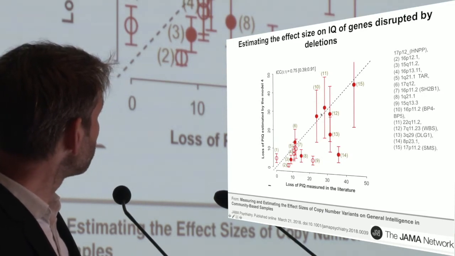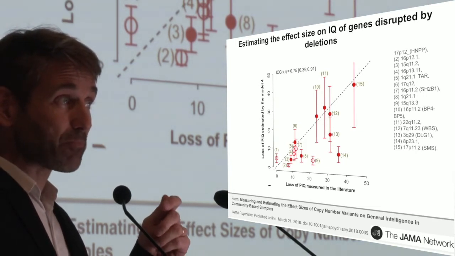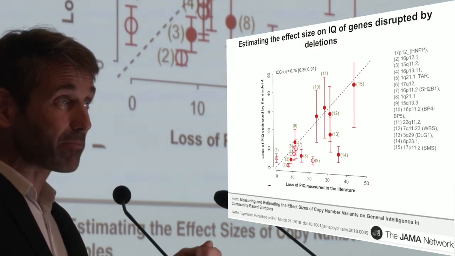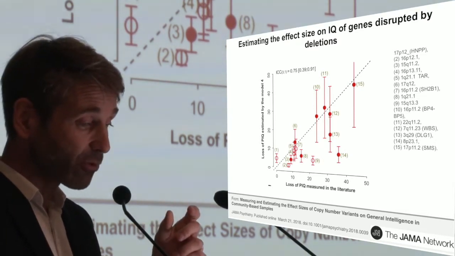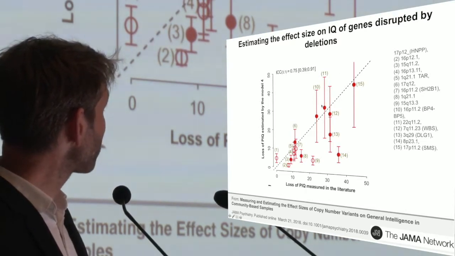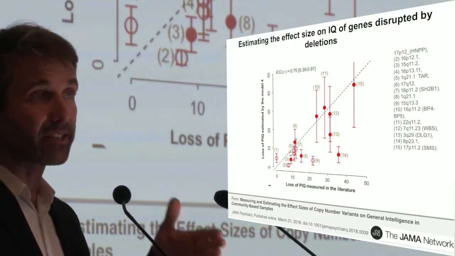Here you have the 16p, the 22q. We spent a lot of time trying to characterize the impact of 16p, showing that it takes out 24 points of IQ, and the model's never seen a 16p in its life, and it tells you that CNV takes out 24 points.